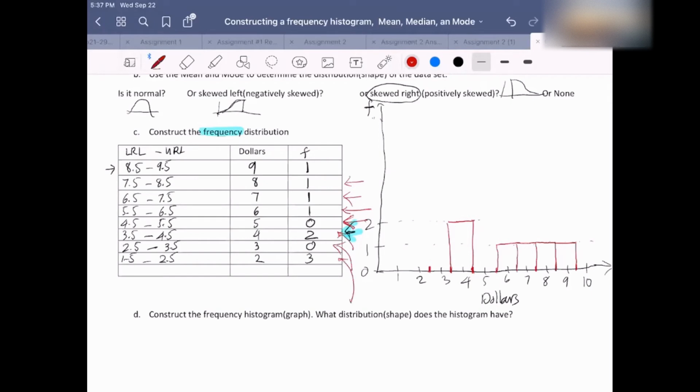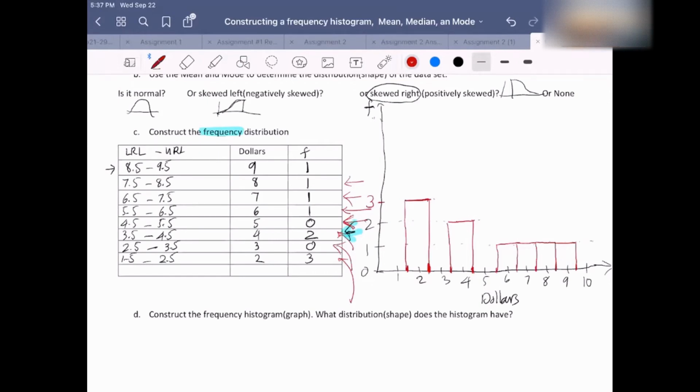Oh, I forgot that it has the 3 there. We have to put the 3 there as well, okay? So the limits are from 1.5 to 2.5. 2.5 is right here. And we have to go up all the way here. So it's going to be like this.